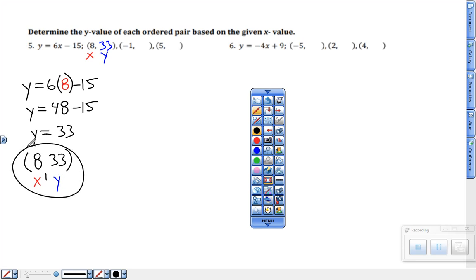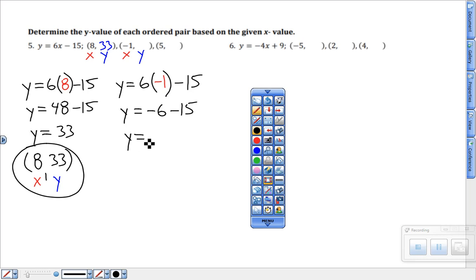If I do that again, the second one has me plug in x is -1 and find out what that y number is. So I got y equals 6, and where that x is, I plug in -1 right there. And that gives me y equals -6 minus 15.